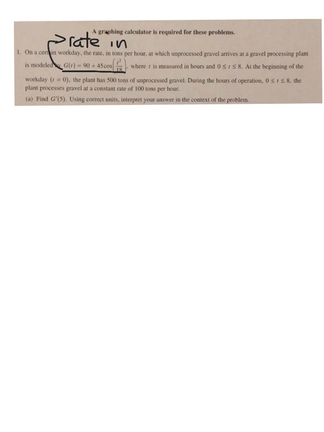And then what happens is, the gravel's in a truck, it comes in to the plant, and then between the hours of 0 and 8, by the way, okay? And then during the hours of operation, the plant processes that gravel. So this is the rate in, and this is the rate out.